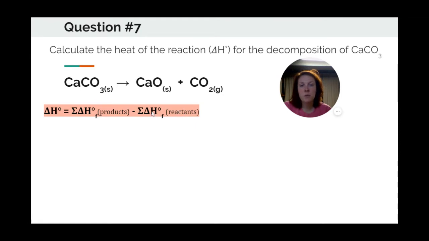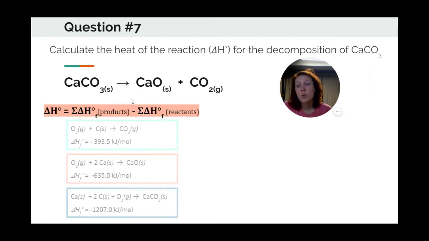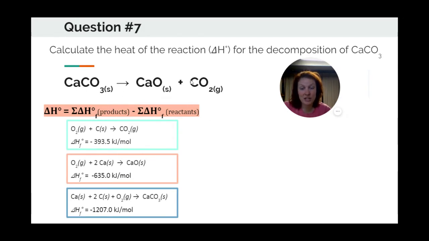And remember, heat of formation is the amount of heat required to create whatever substance we're looking at from its component atoms. So what is the amount of energy required to create calcium oxide using only calcium and oxygen atoms? You will be provided the standard heats of formation for each of the compounds in the chemical equation.